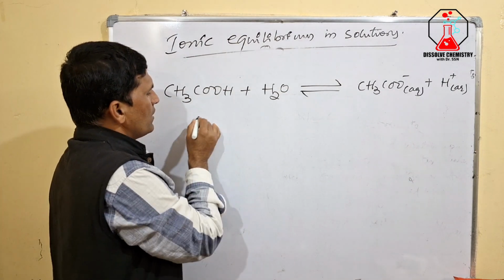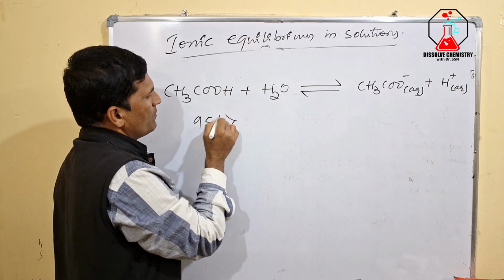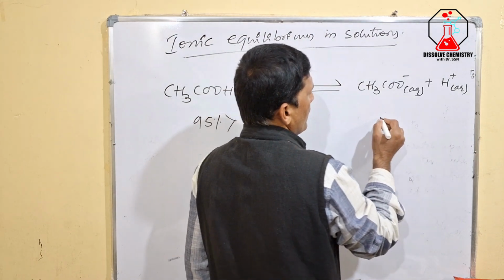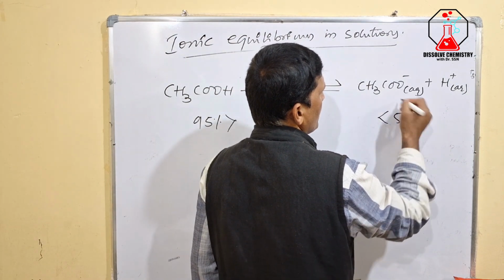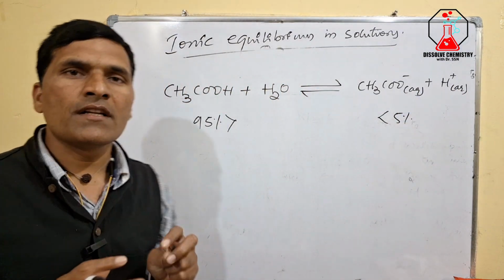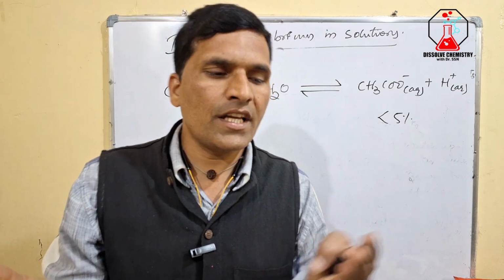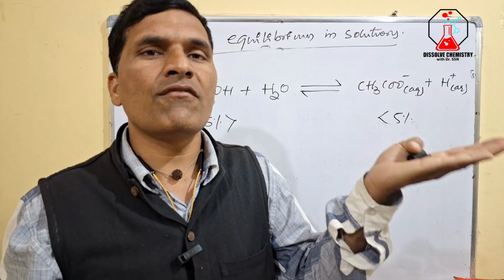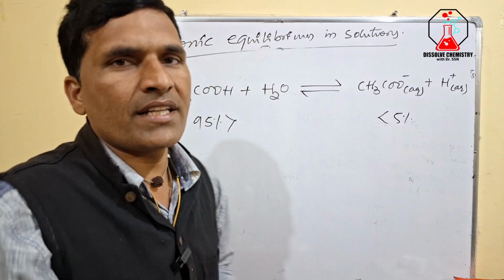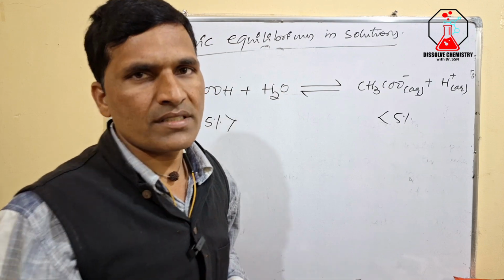Say, for example, greater than 95% will be the acetic acid form upon dissolution in water, and less than 5% will be the dissociated form. One thing you should remember: there is a dynamic equilibrium between undissociated acetic acid and the dissociated form, that is the acetate ion and H plus ions. Continuously there is an exchange of these two.